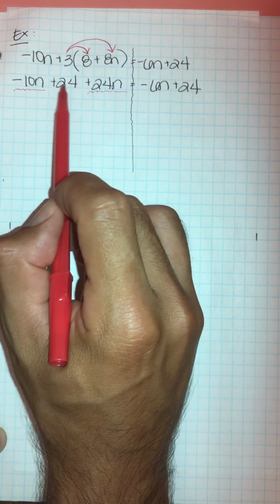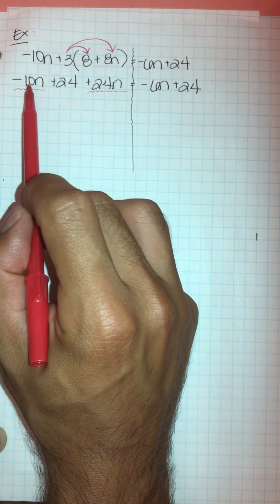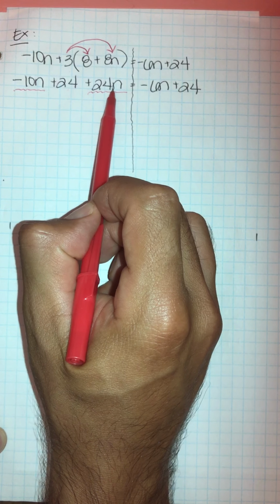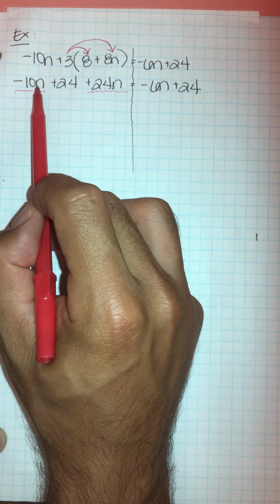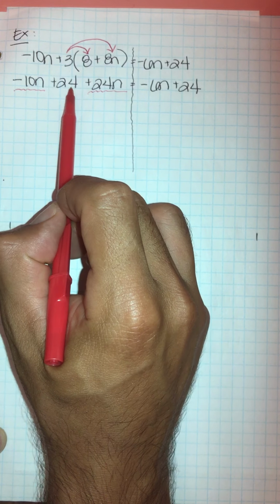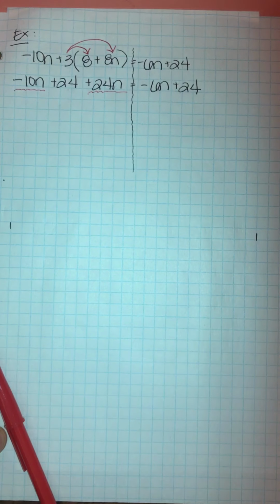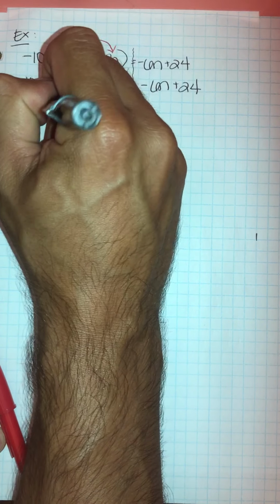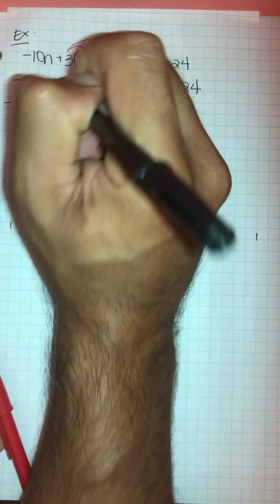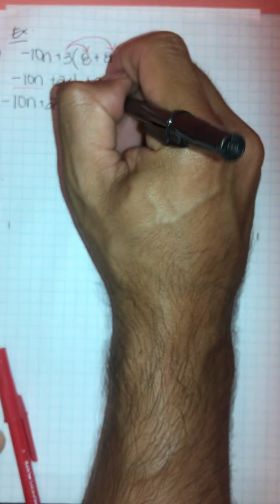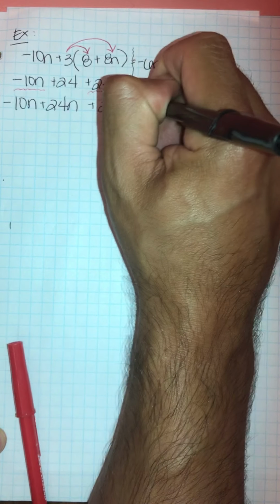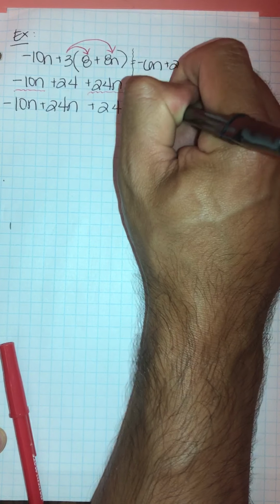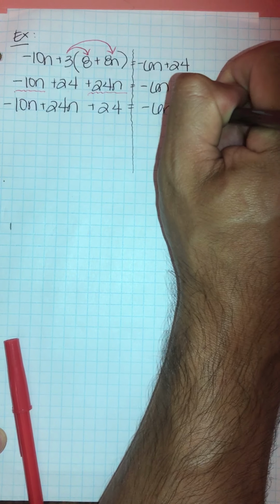The negative 10n and the positive 24n are like terms since they both have an n. This 24 does not, so we leave it alone. We're going to say negative 10n plus 24n. I simply moved it to the front. Plus 24. I haven't done anything with the right side, so I'm going to leave it alone. It's negative 6n plus 24.